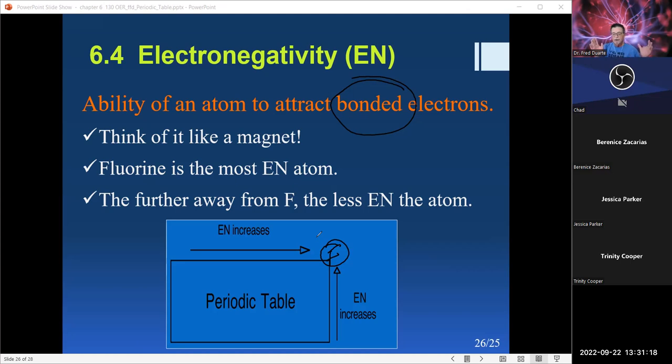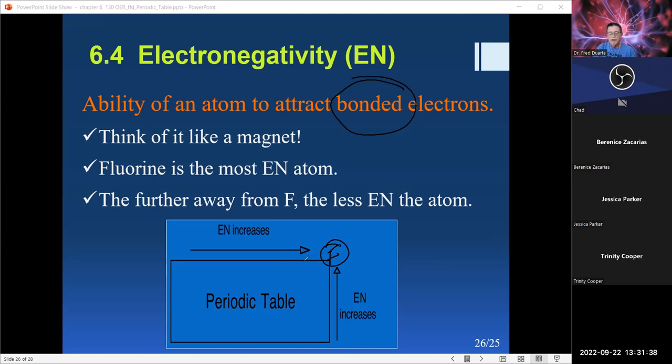You don't even have to look anything up, because fluorine pulls those electrons much greater onto itself than any of the other elements. The general trend of electronegativity is all relative to fluorine. Fluorine is the most electronegative, so that's our benchmark.